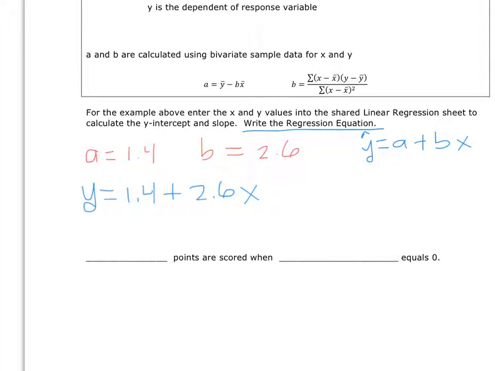All right, so just a refresher of what these things mean. When practice, which is x, equals 0, the y-intercept 1.4 is the mean points scored when the practice is 0.